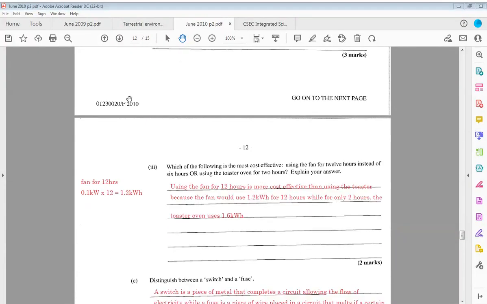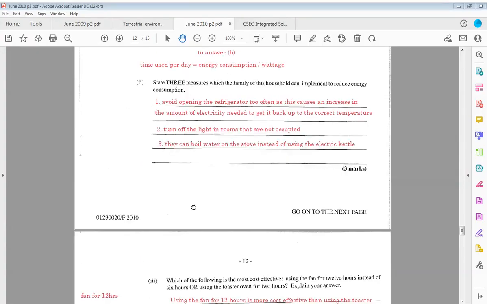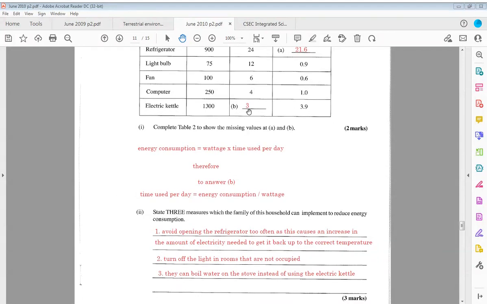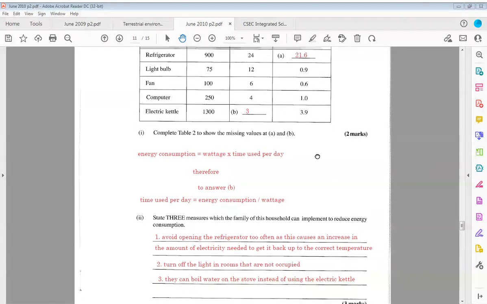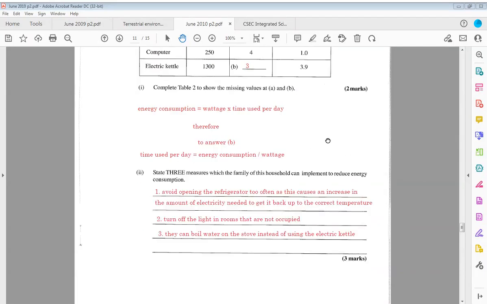Right? So you could do your little calculation on this side here. So it's 0.1 kilowatts multiplied by 12 hours, which will give you 1.2 kilowatt hours, right? And we're seeing here already calculated the amount of energy that is used by the toaster, which is 1.6 kilowatt hours.